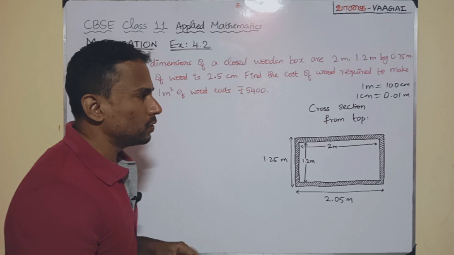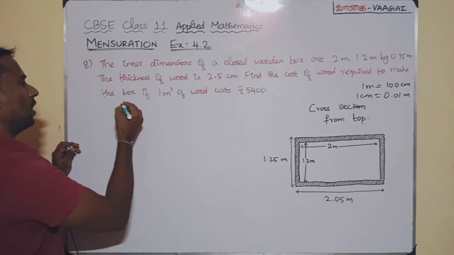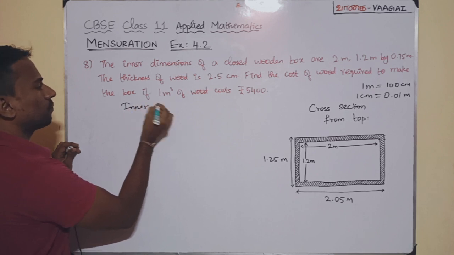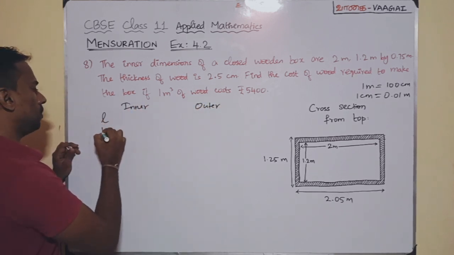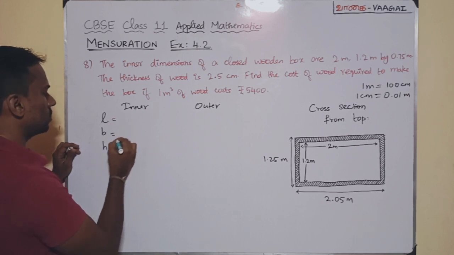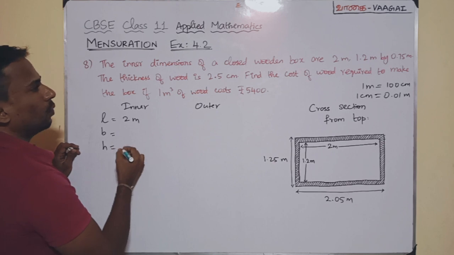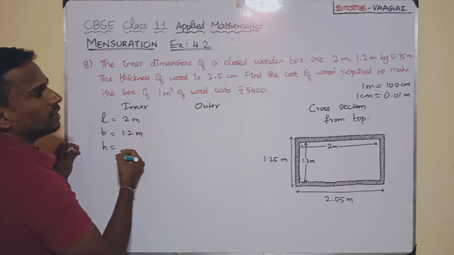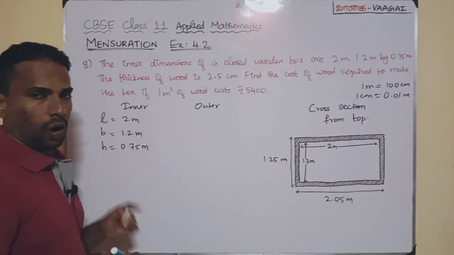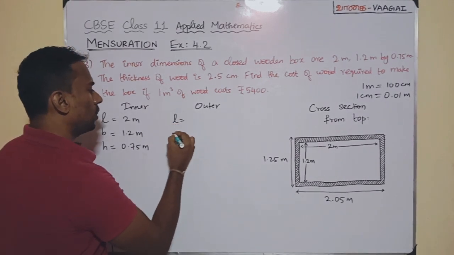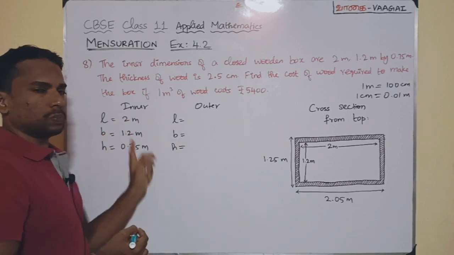So what happens, the outer and inner dimensions will be like this, we'll note it very clearly. Here I'll write the inner, here the outer. Now what about the length, breadth and height? For the inner values, it is going to be 2 meters length, 1.2 meters breadth, and height is 0.75 meters. Now what happens to the outer measurements? Outer length, breadth and height are respectively going to be these values plus 0.05.